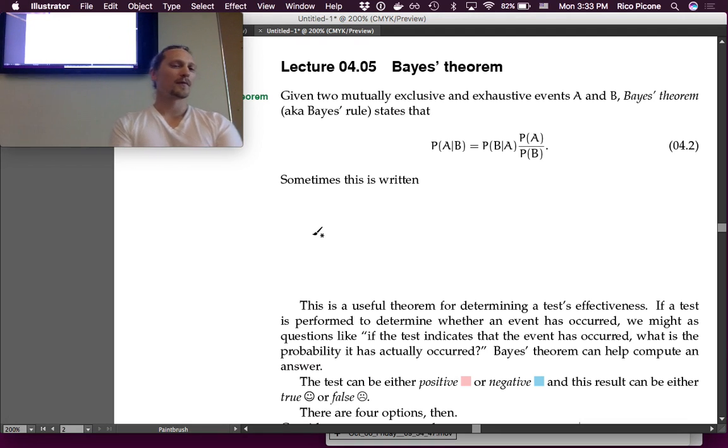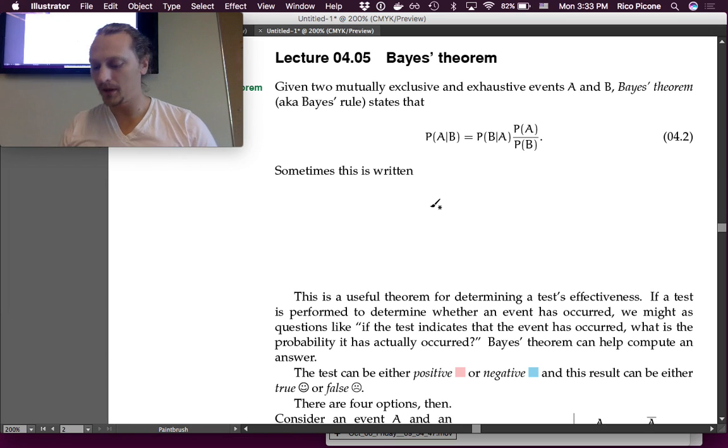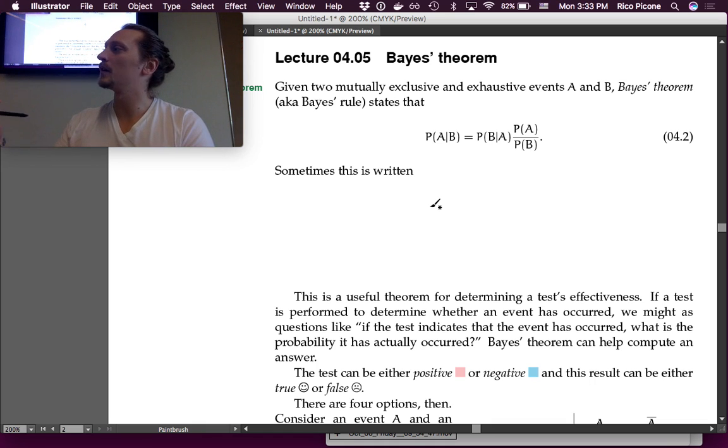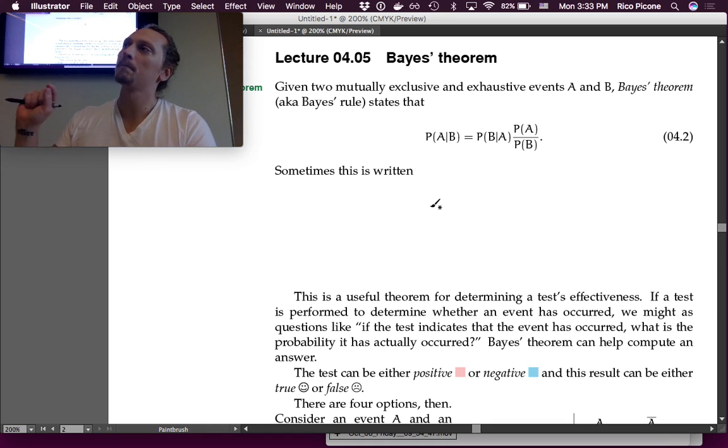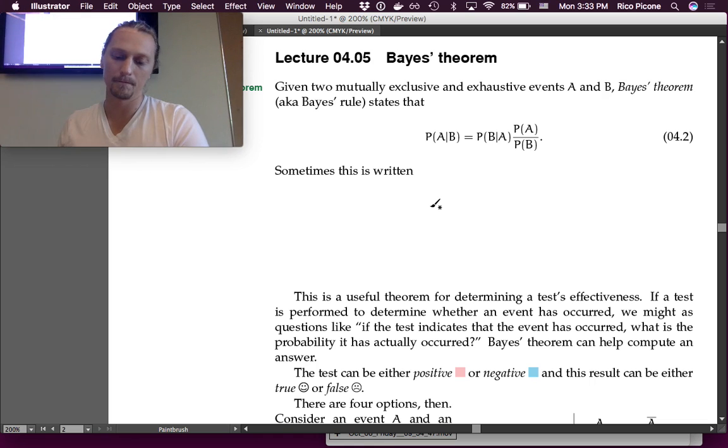I liked it. So now we're going to talk about Bayes' theorem, which is very much related to conditional probability. This one gets really practical for engineering problems because it considers probabilities related to testing outcomes for events.